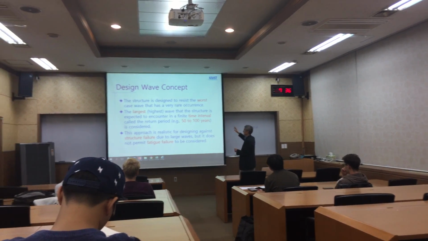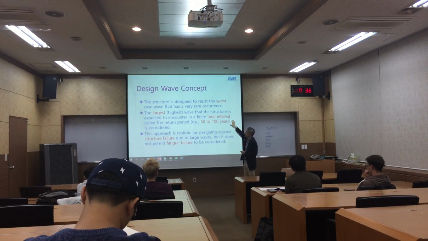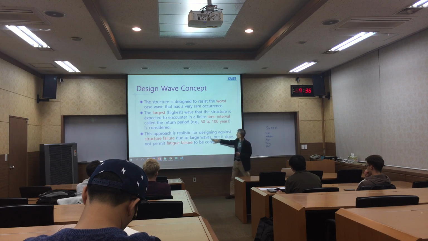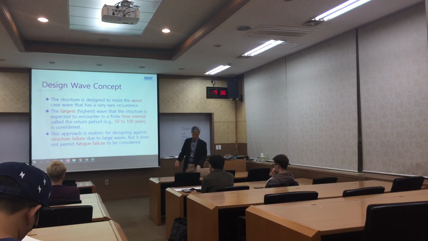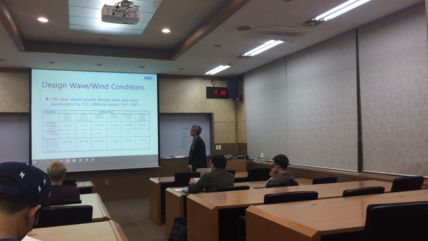But in old days, there was not so much stochastic data. We used worst case designs, designing against structural failure due to the largest waves. But there is also a problem of failure from many small waves.